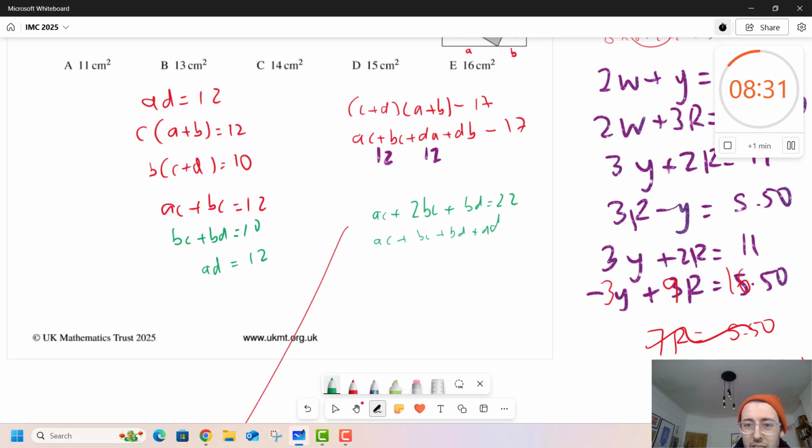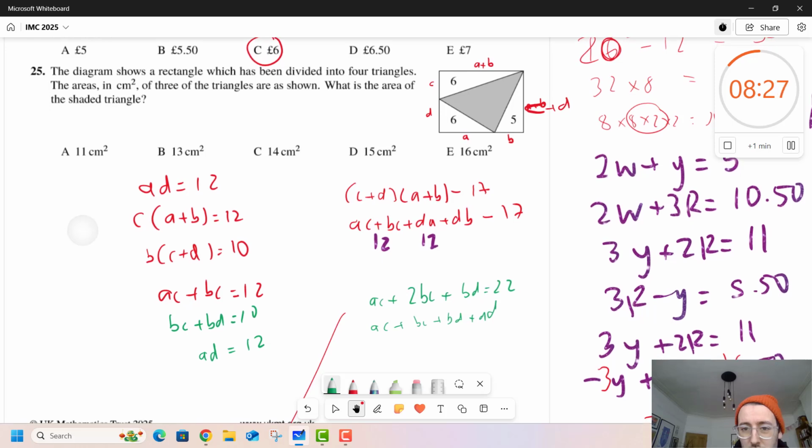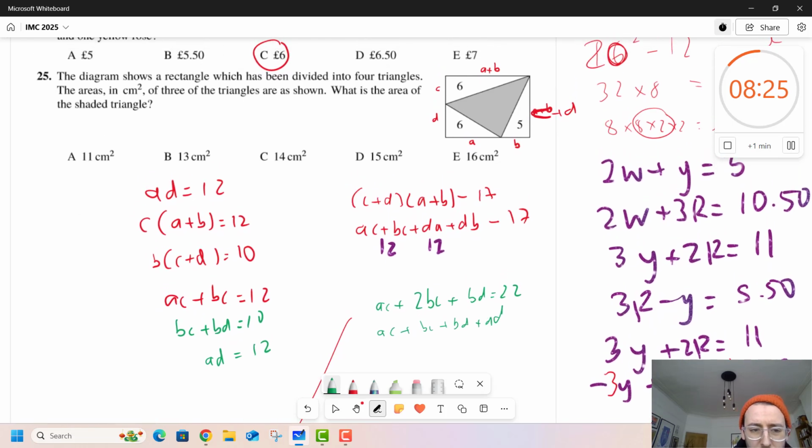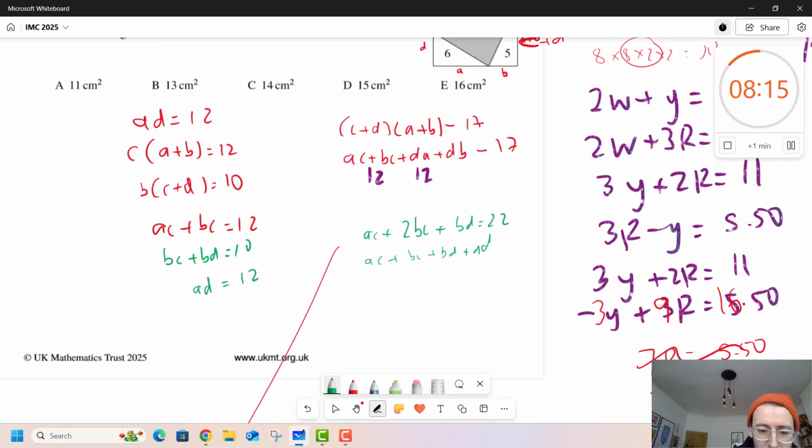I've got an extra BC hanging around. AD is 12. C times A plus B is 12. One sec. AD equals AC plus BC.